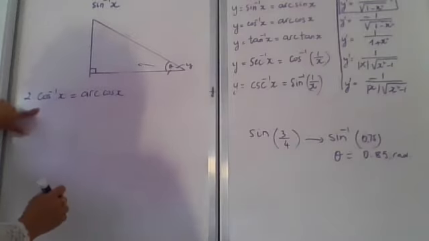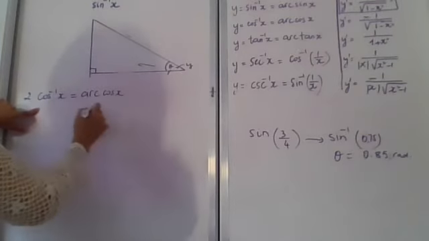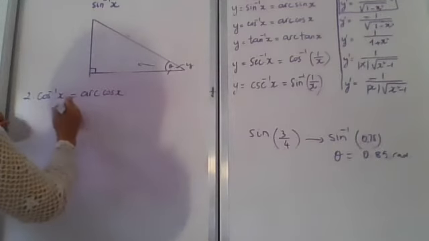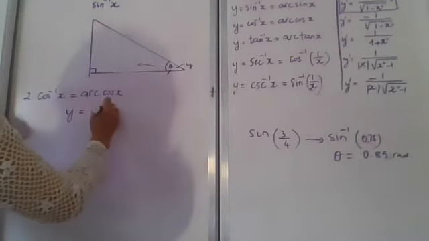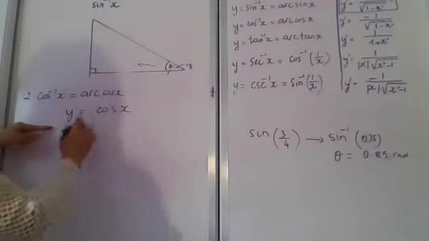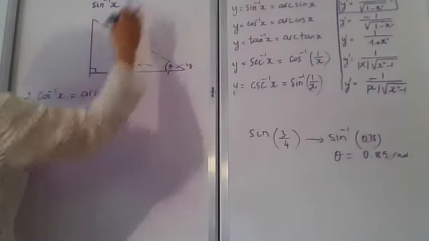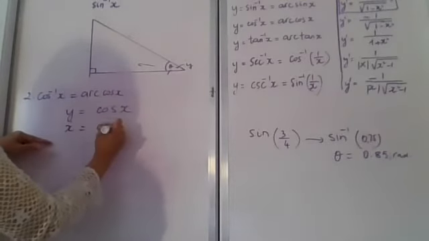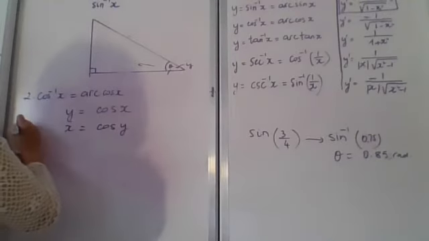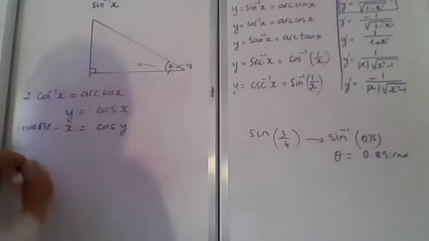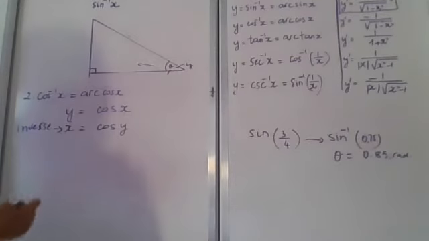But to get this, we will take the inverse, right? The original function is y equals cos x. This is not the inverse, right? But when it becomes the inverse, you interchange x and y. So this y becomes x, and this x becomes y. Basically, this is the inverse of cos of x, right? This is the inverse function.